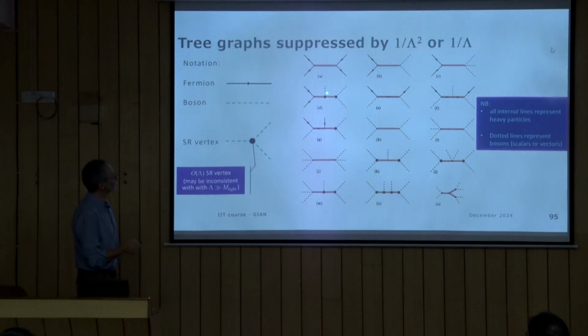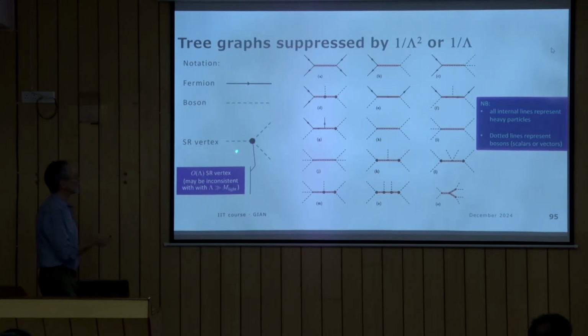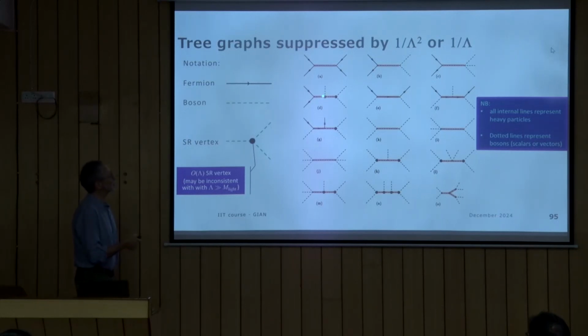The heavy dots denote super-renormalizable vertices of coefficients of order lambda, which I told you already are very problematic, but I'm listing them anyway to be as complete as possible. These are all the possible graphs. If you don't put in coefficients of order lambda here and here, this graph is not of order 1 over lambda squared, but in fact is of order 1 over lambda to the 4th.